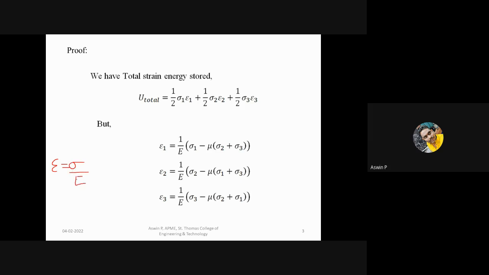But if there are triaxial stresses, this equation also includes the effect of the other side stresses.